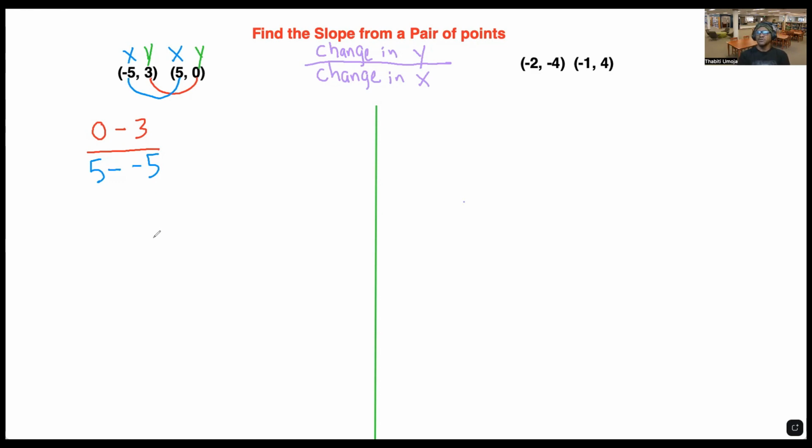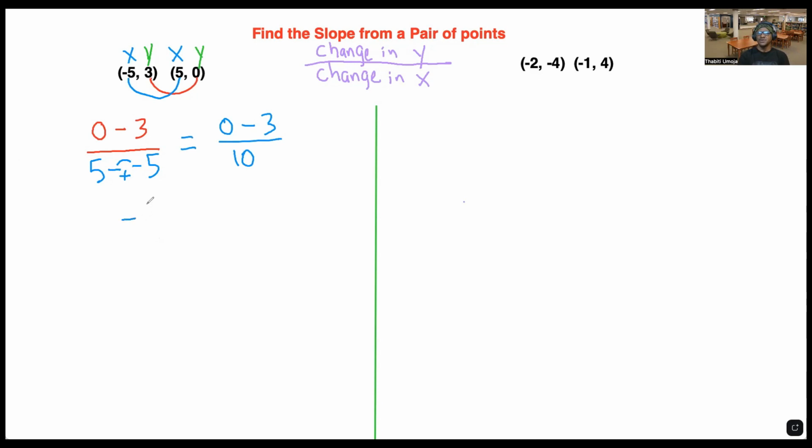At this point, we have to look at our integer rules. When we have double negatives, those double negatives must become, yes, positive. So I'm going to rewrite this. We know this is 0 minus 3, and then this becomes 5 plus 5, and we know that's 10. We're not done yet.